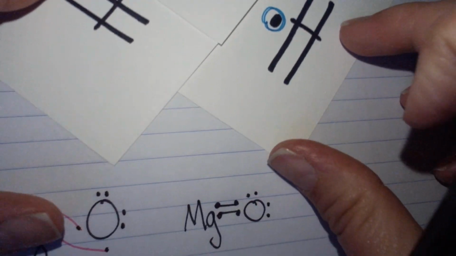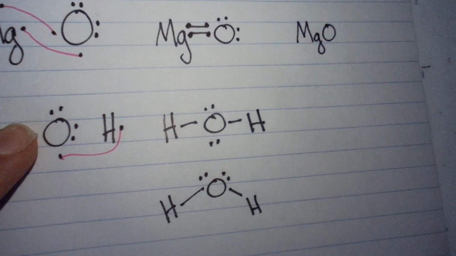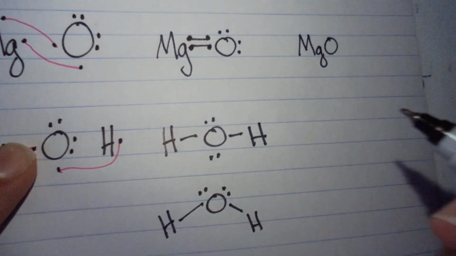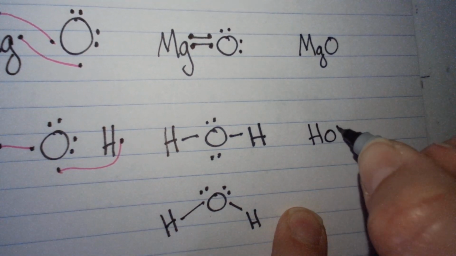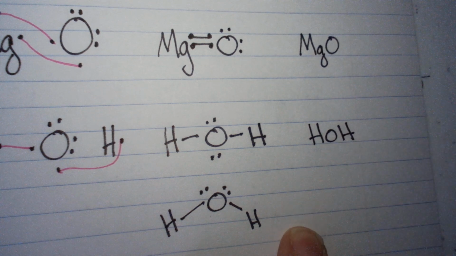I'll get to that in a little while. So then when we write that, you could write it, but how do we normally write it? What did you guys say earlier?